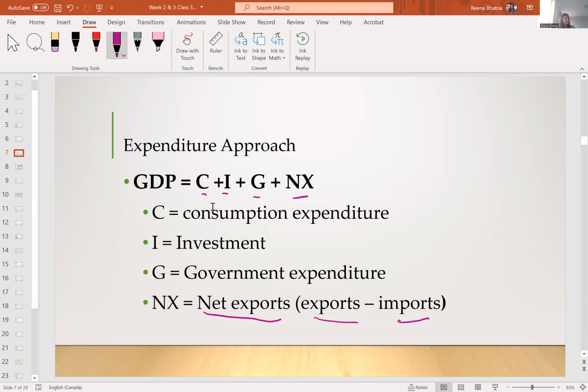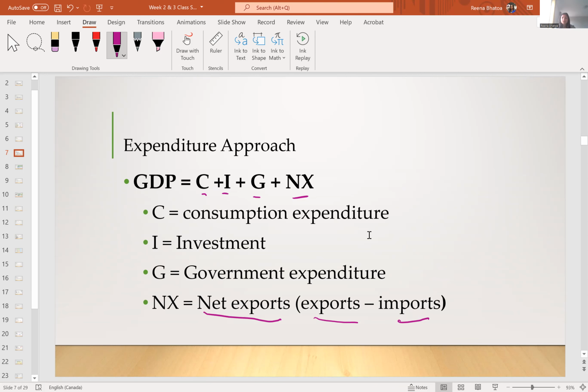Okay. C is consumption expenditure, that could be like any expenditure on durable items, non-durable items, semi-durable items. For example, expenditure on refrigerator, on your vehicle, on any other electronics, appliances, or these kind of items.